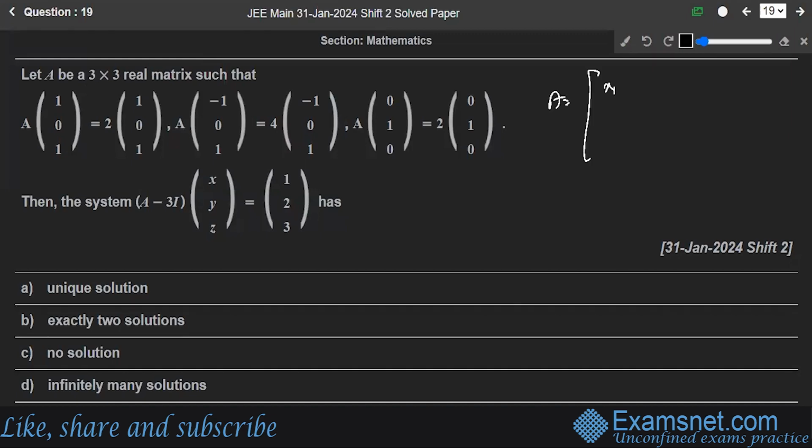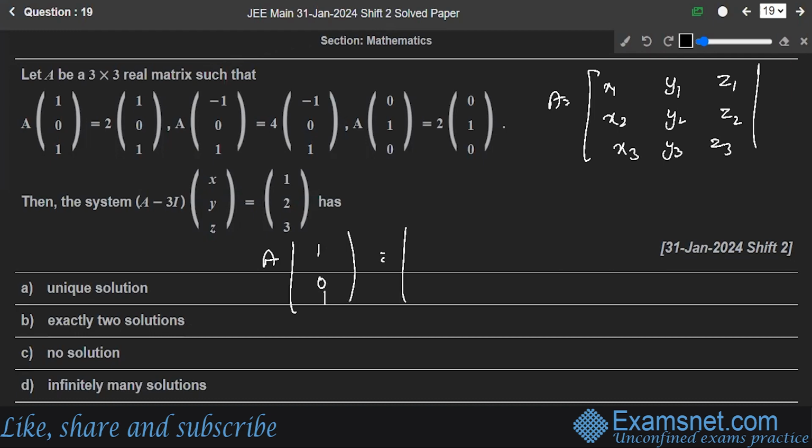Let's say A is given by x1, y1, z1, x2, y2, z2, x3, y3, and z3. So you are given that A into (1, 0, 1) is equal to 2 into this. This will be (2, 0, 2).